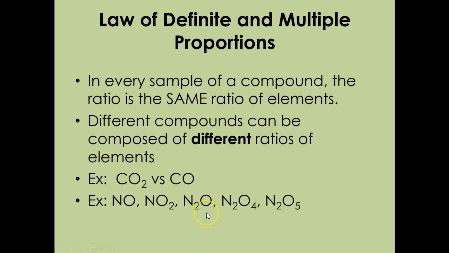Nitrogen and oxygen actually combine to form many, many different compounds. I've just given you 5 examples here. You can see that they form in a 1-to-1 ratio, a 1-to-2 ratio, a 2-to-1 ratio, 2-to-4, 2-to-5, etc. And that's a fairly unique property of molecular substances as opposed to ionic substances.